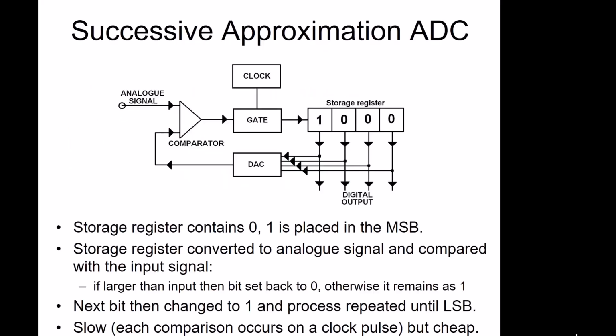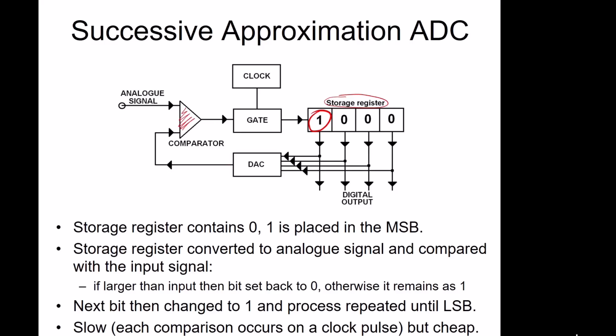The successive approximation analog to digital converter works as follows. You have a storage register here, which initially starts off as all zeros. When there's a clock pulse, it changes the most significant bit to a value of 1. This value in here, so that's a 1000, is then sent to a digital to analog converter, so this digital value is converted to an analog signal and sent to a comparator.